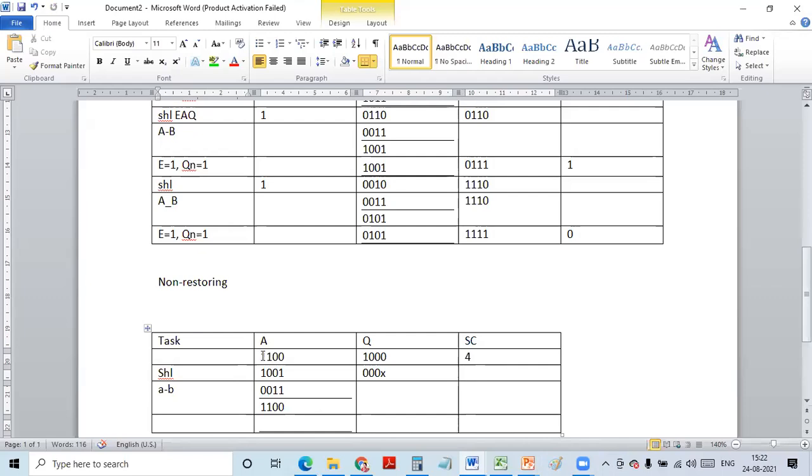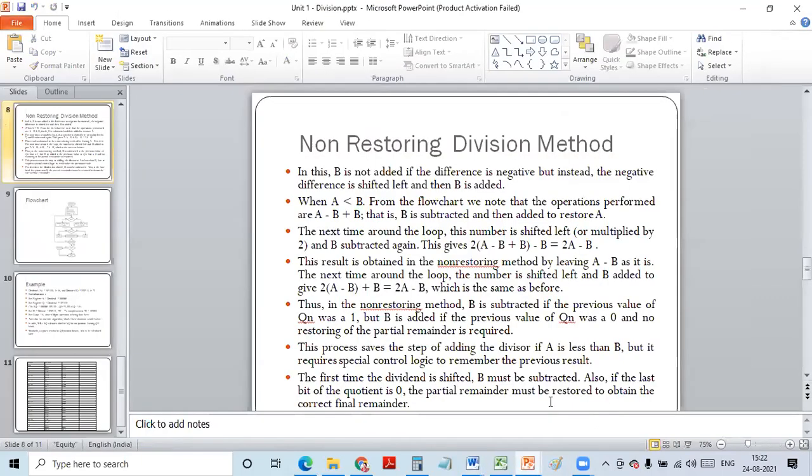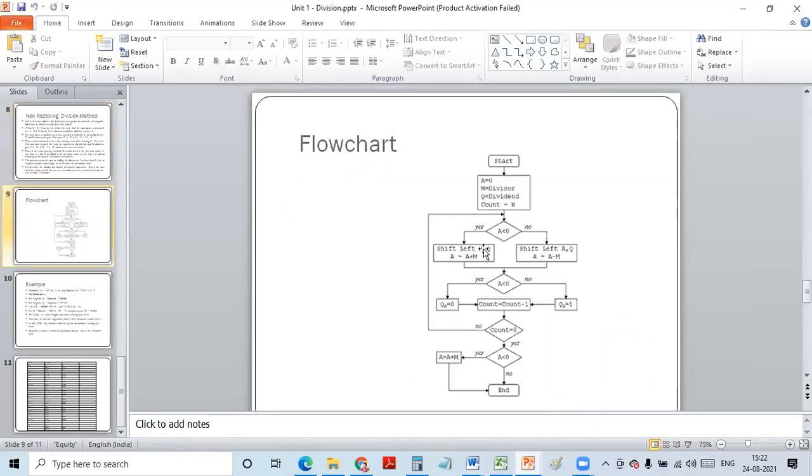Whatever is the shifted out bit, here A is less than 0. You have to shift and initially you have to subtract. But we have a most significant bit 1. That was the mistake that we have done even in the non-restoring method.